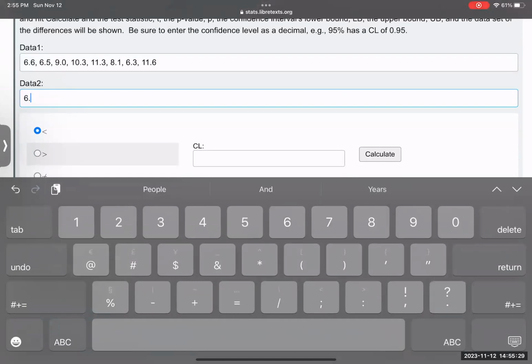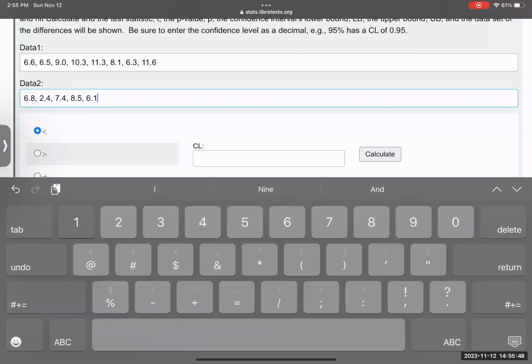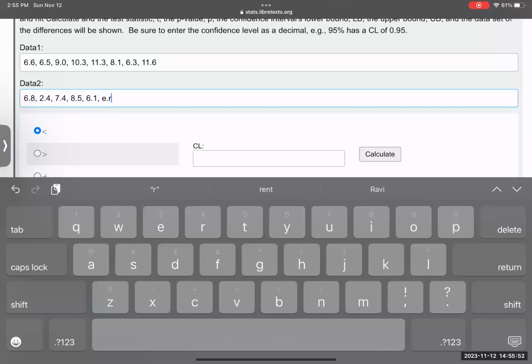Then we have 6.8, 2.4, 7.4, 8.5, 6.1, 3.4, and 2.0. Oops.